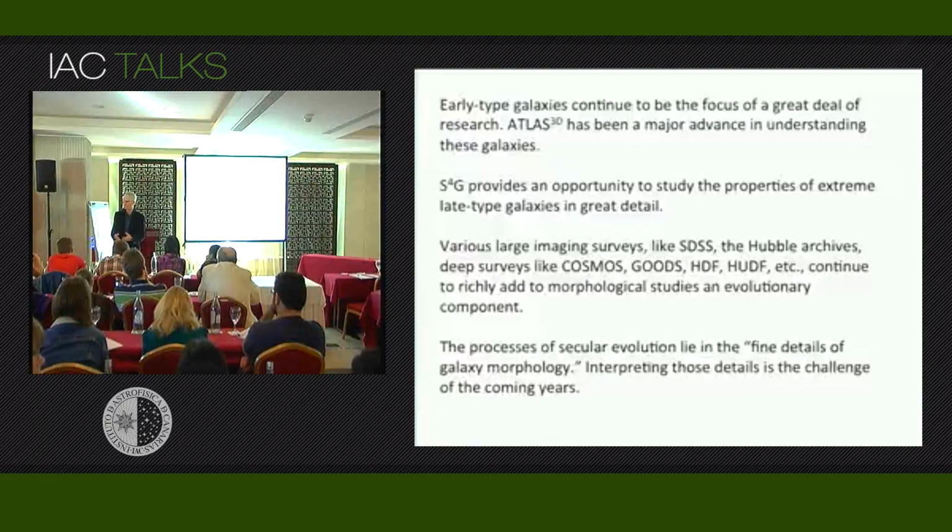If I can have a comment about the earlier question about the future UV missions, there's actually a Russian mission planned for launch in 2015, and they plan to launch a 170 centimeter UV telescope. Whether that goes ahead or not, and when it's going to be launched, is a different point. But it's called World Space Observatory UV, and I think Spain and Germany are taking part in the design of some of the experiments.